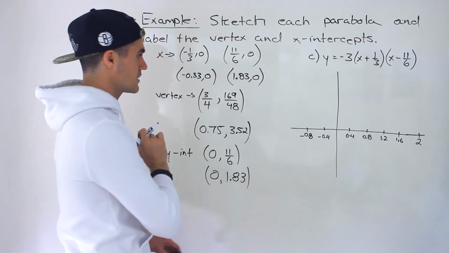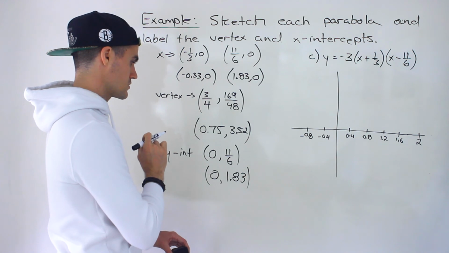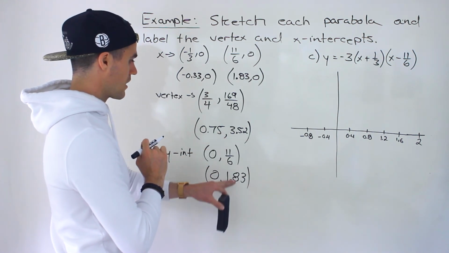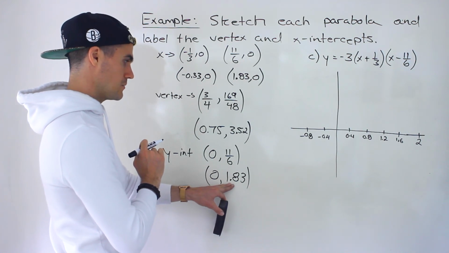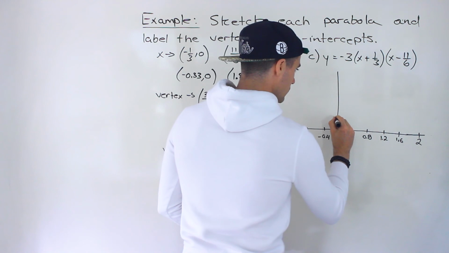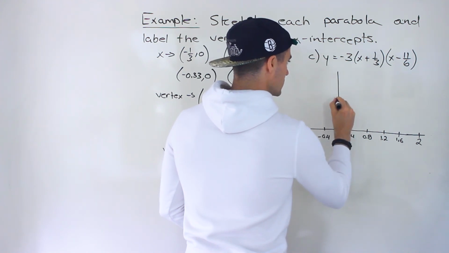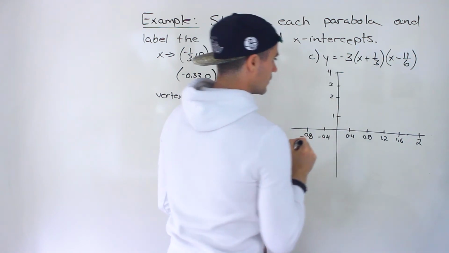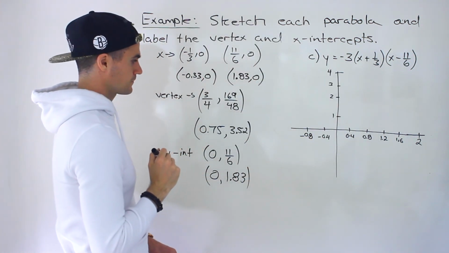Again, you can use whatever scales you want, whichever way you want to zoom in. Then we got the y values of 3.5 and 1.8. So I'm going to go up by, let's just go up by ones. So we'll have 1, 2, 3, 4, like that.